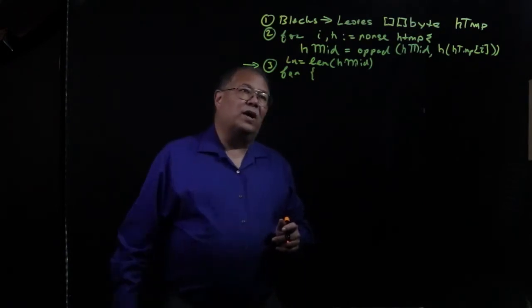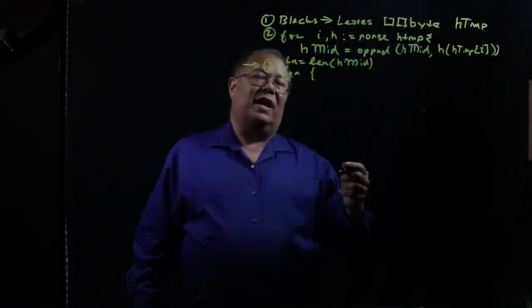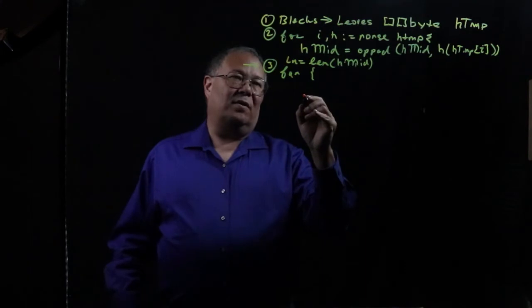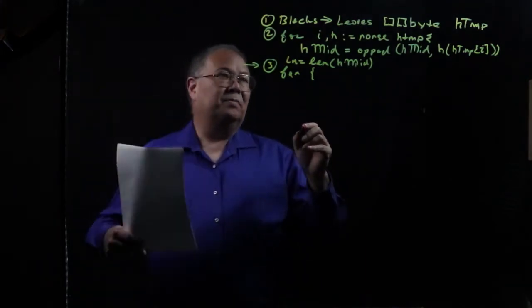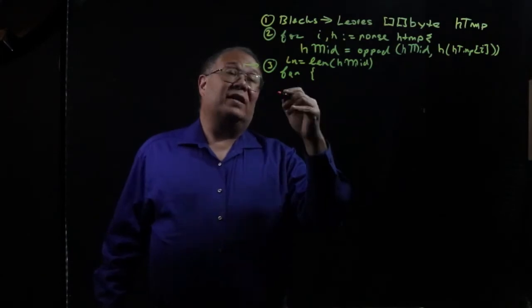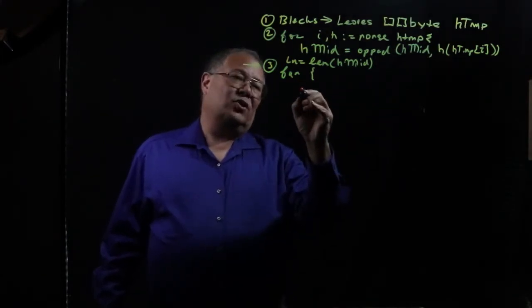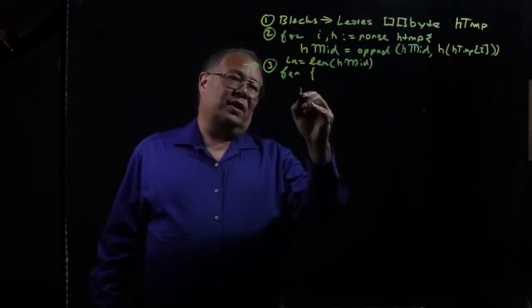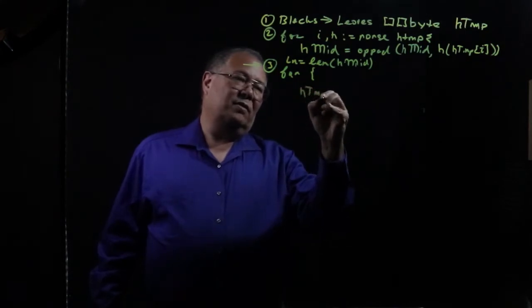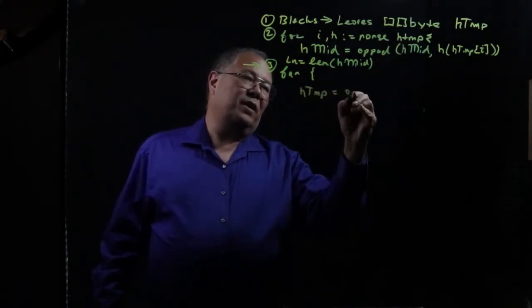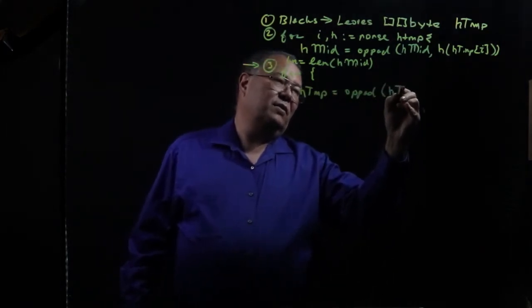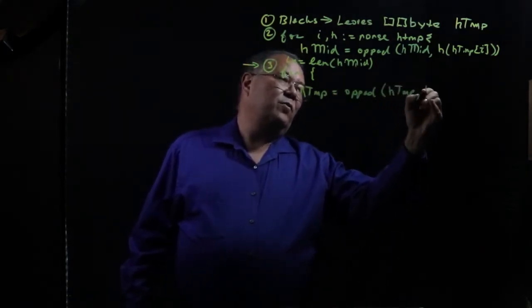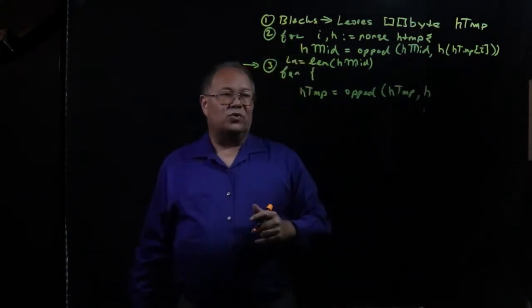And for each one of these things in HMid, we want to calculate the next level down. So we want to start out with HTMP equals append of HTMP, and we want to take hash, but here's where we get into trouble.